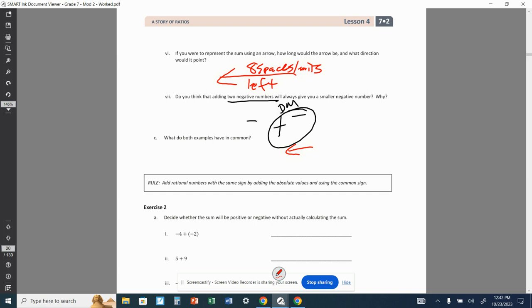When you add a negative, it's the same thing as subtracting a positive number from it. It'll always get smaller. What do both examples have in common? Same type of number. So we have 2 negative numbers and 2 positive numbers that we're combining, right? Same type of numbers to combine.